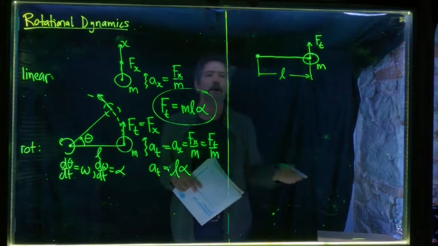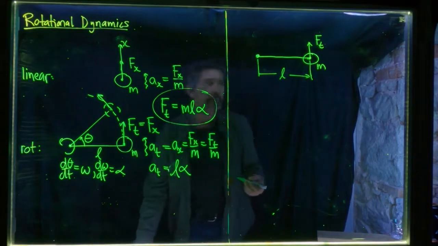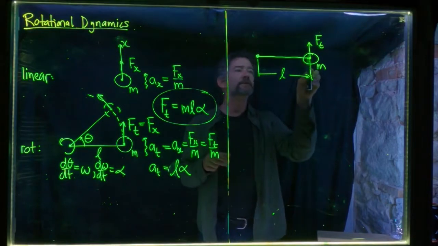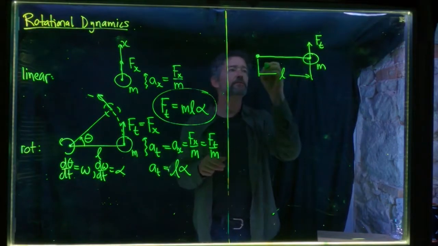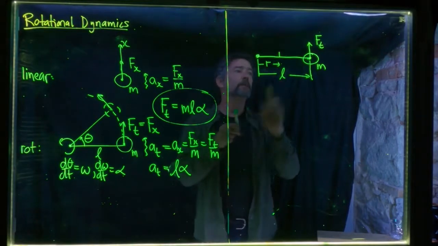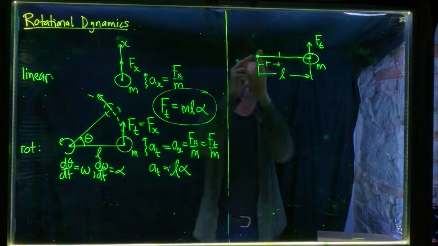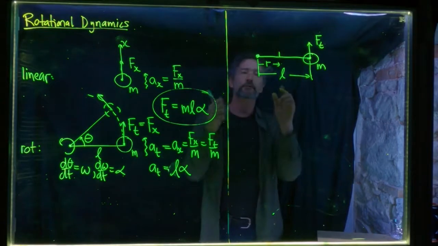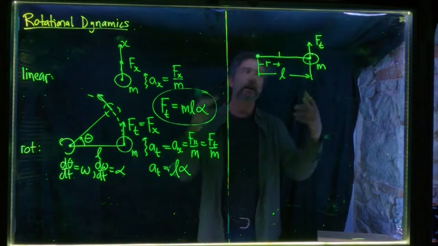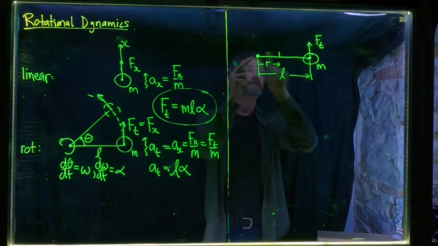Now we're going to ask the question: what force applied somewhere in the middle, some distance r from the axis of rotation, instead of a distance L away from the axis of rotation, is going to have the same effect as the force Ft applied at distance L away?